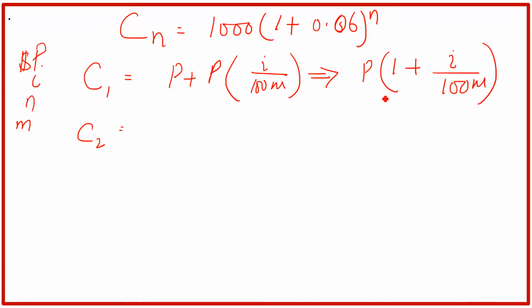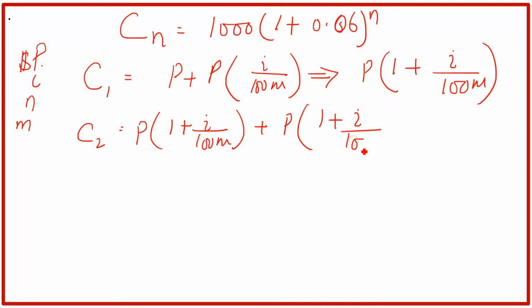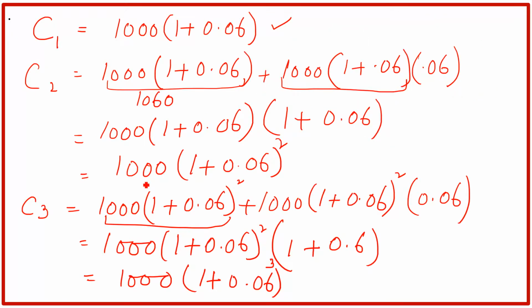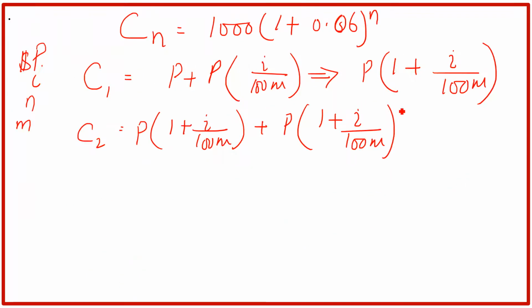So for C2, we have this much amount now: P into (1 plus I divided by 100 into M) plus P, we will get interest on this amount. Here I am using symbols instead of figures; in the last slide I was using numbers.